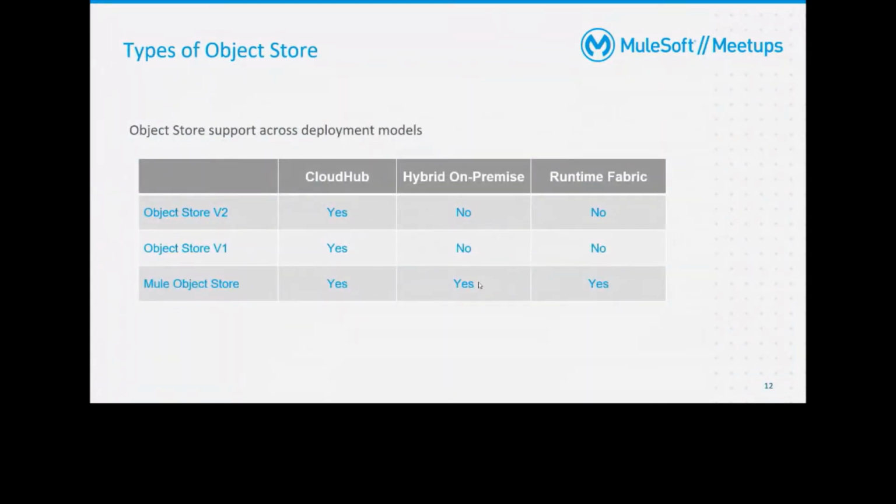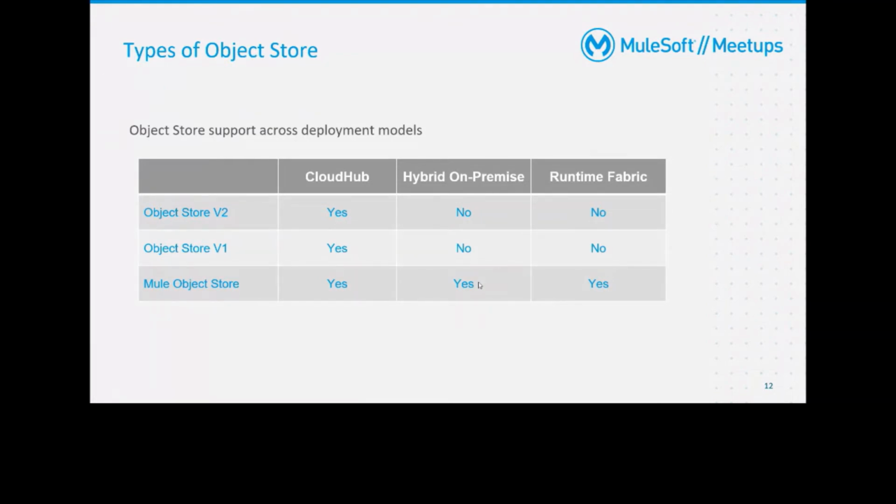So if we see here, V1, V2, and Mule object store are supported by each deployment model. Object store V2 is supported only by CloudHub and not on-premise runtime.